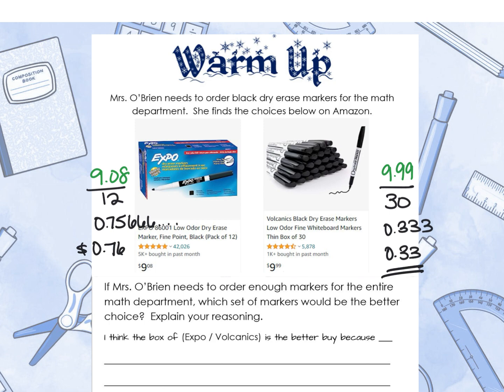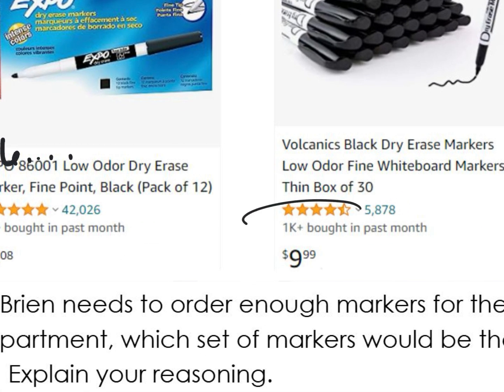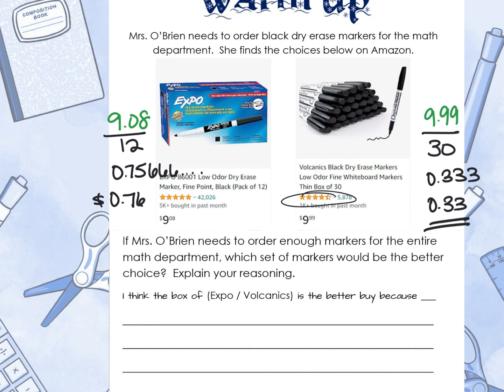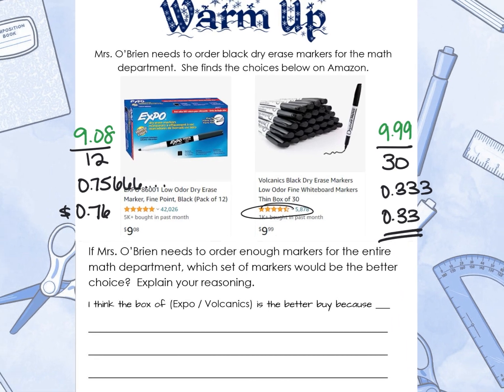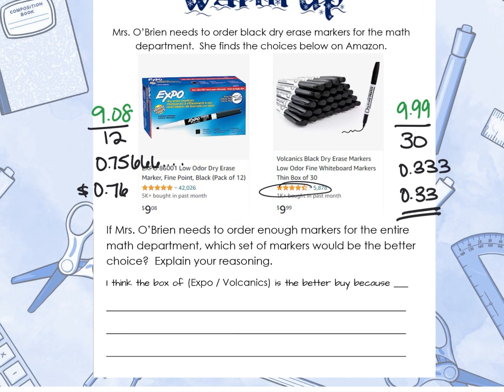And we can see that we do still have a good rating on here. So this is a quality product and they work just as well as our Expos. Okay, now there are other reasons that you might choose to buy the Expos instead of the Volcanics, and any explanation that you had is good as long as it backs up your decision.